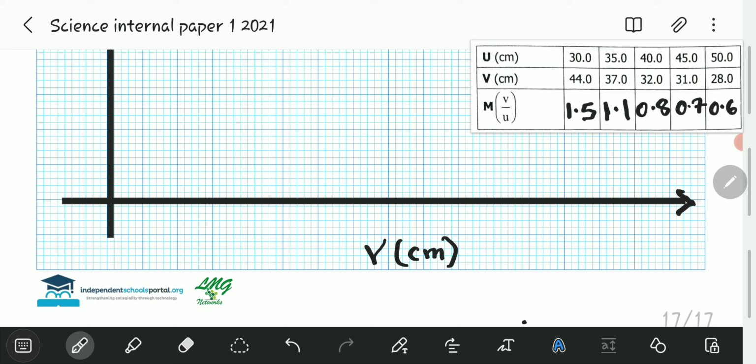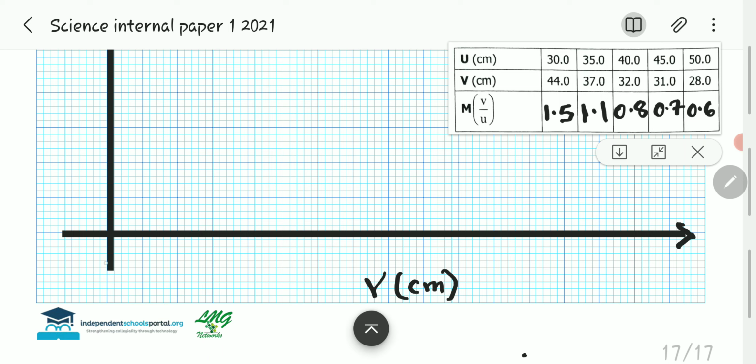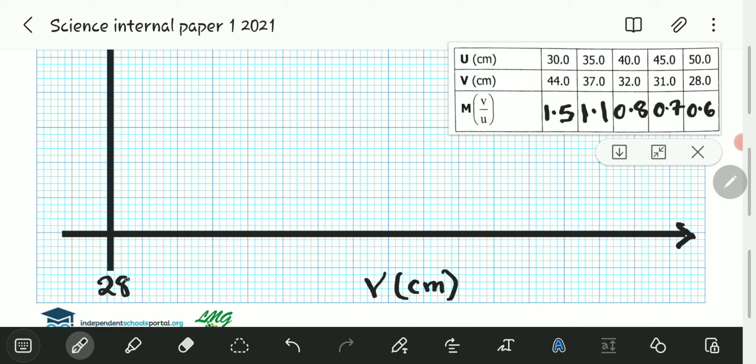Your graph does not necessarily need to start from 0. It can start from the smallest value, which in our case is 28. So I'll place my 28 here. Then I'll start increasing this so that my 44 should be somewhere above, somewhere here, or moving forward.